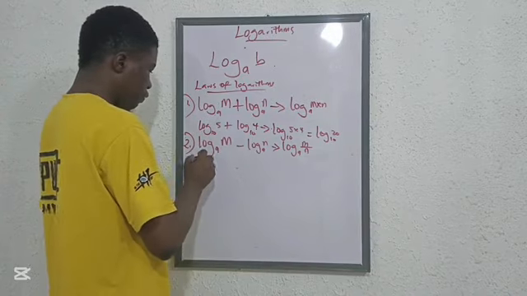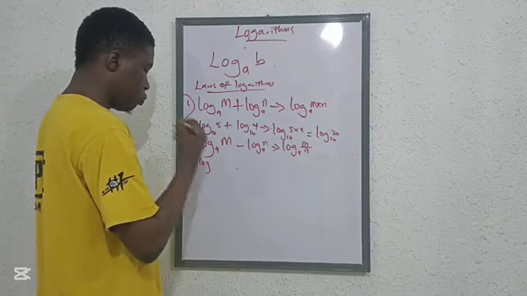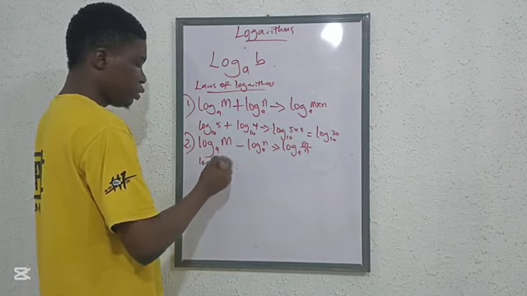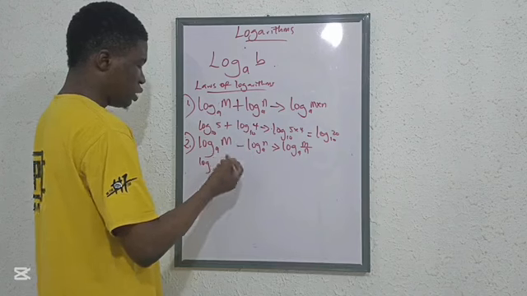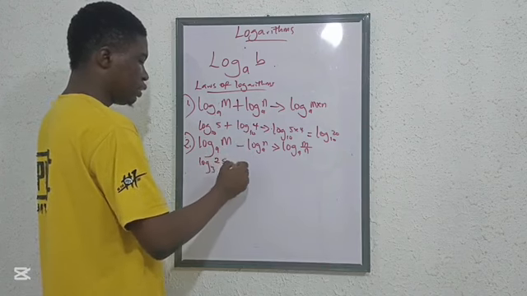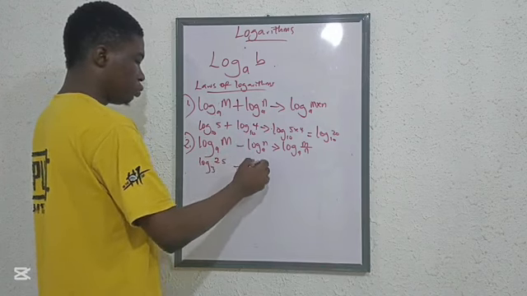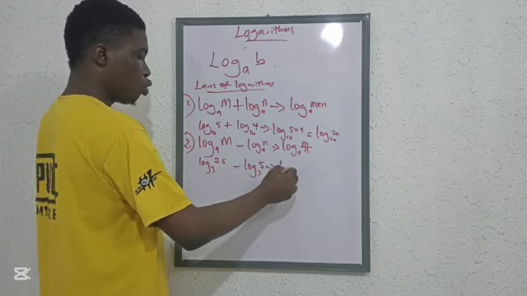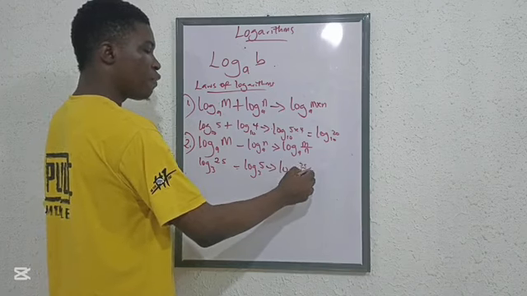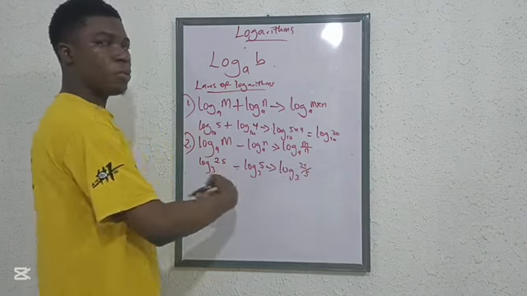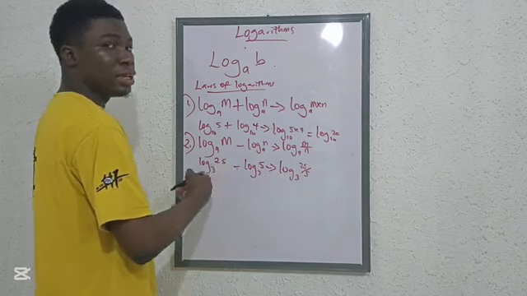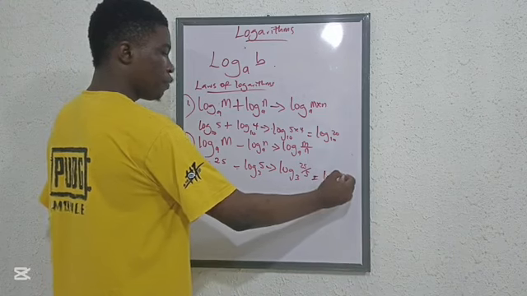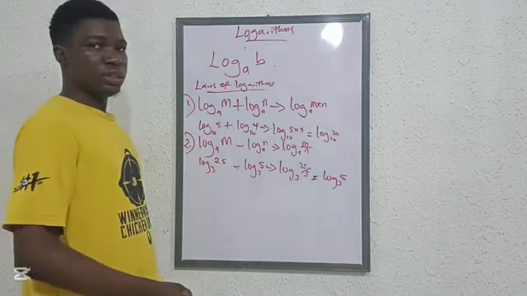For example, we have log 25 base 3 minus log 5 base 3. So we take log 25 over 5 base 3. The reason we can apply this is because they are the same base. So our final answer will be log 5 base 3.